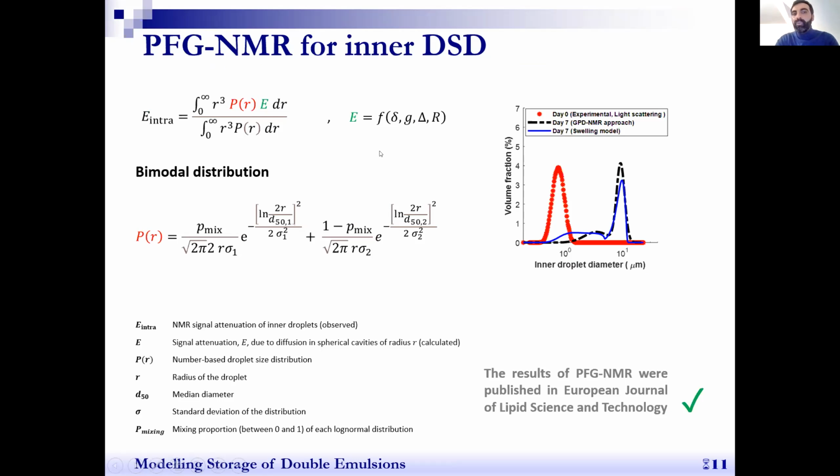So we used NMR to measure the size of inner droplets, and we could validate the swelling model and also indicate that the inner droplet size can be measured by using the NMR method.